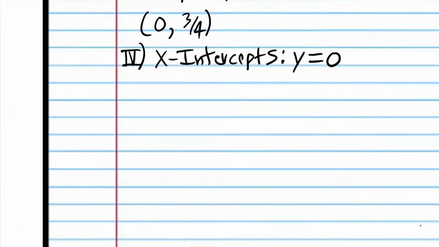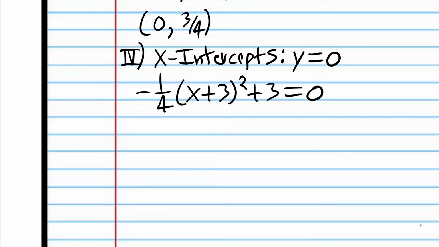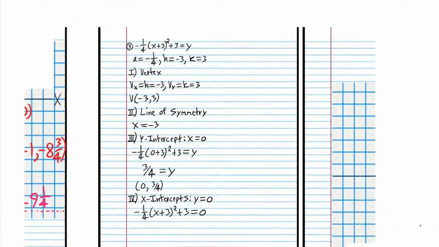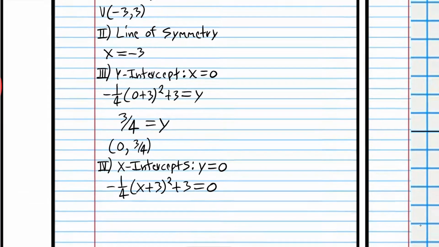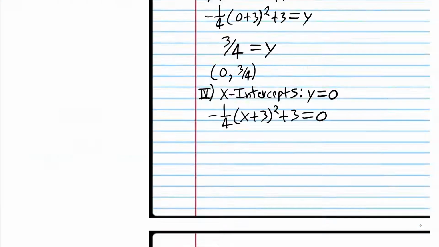So I'm going to copy down that equation again, and we're going to let y equal 0. You see, to find the y-intercept, we let x equal 0. To find the x-intercept, we let y equal 0. Very, very important to understand that. Okay, so now we're going to solve.